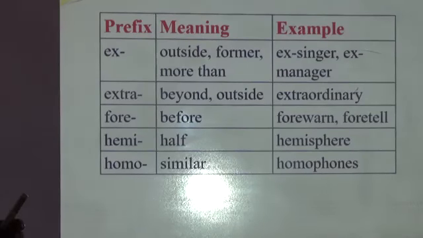Extra, beyond or outside. Extraordinary, that means something more than ordinary. Ordinary, that means simple, as usual. Like that, fore, F-O-R-E, fore, before. Forewarn, to tell beforehand, forward, etc. Hemi, just means half.